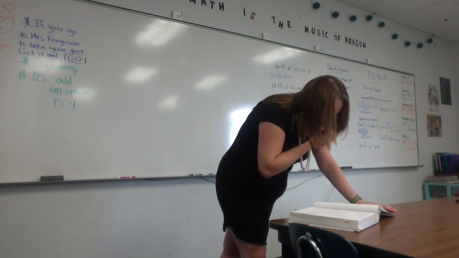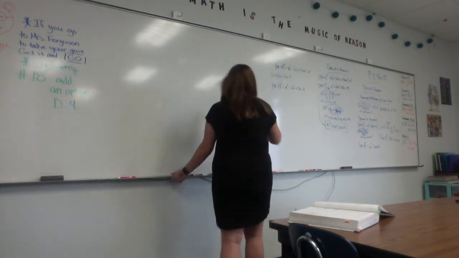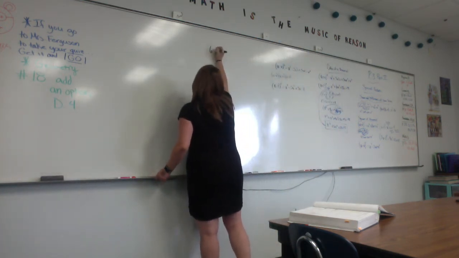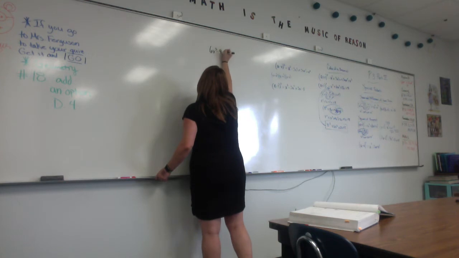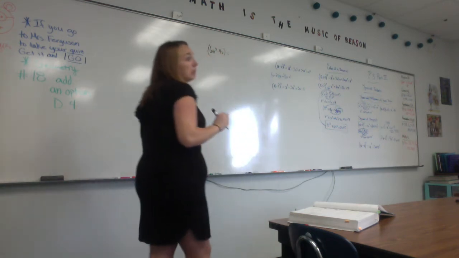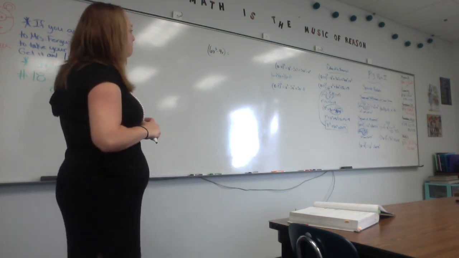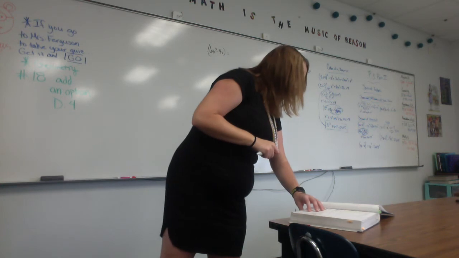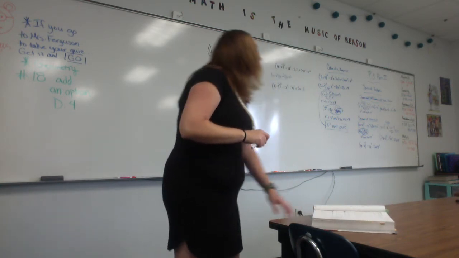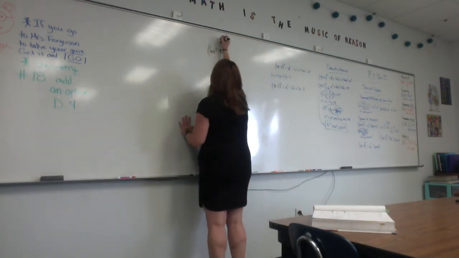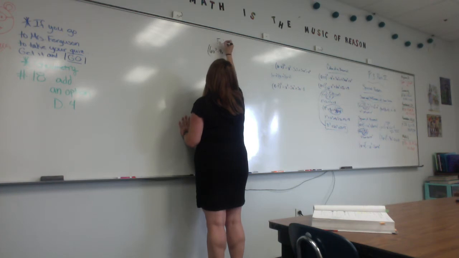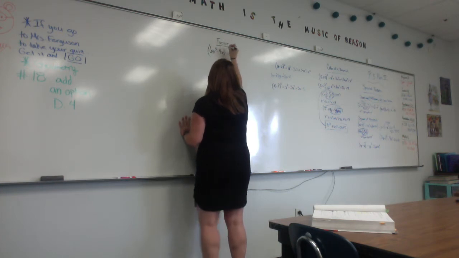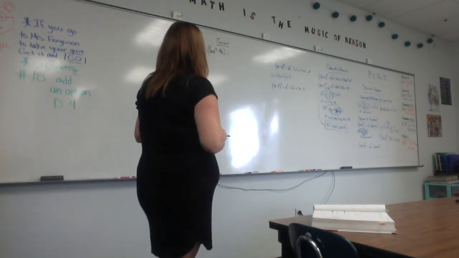Let's do 6x cubed minus 4x. What comes first? No. Think factor, we're breaking it down. You're factoring 6x cubed minus 4x.